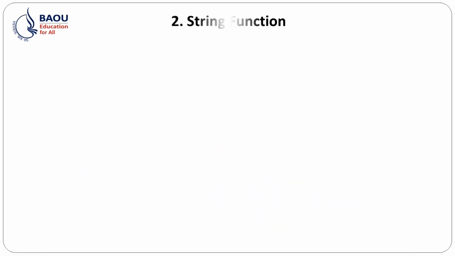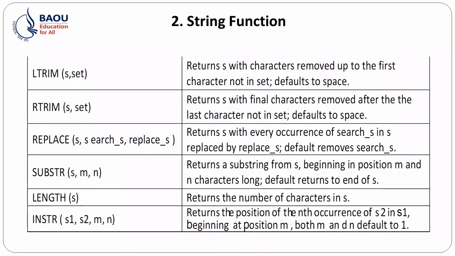See, here LTRIM removes characters from a set on the left. Now RTRIM is right trim. It removes characters from the right side. Replace replaces the characters. And substr gives a position, like the first position is M and the second position is N. It finds a substring from the string.